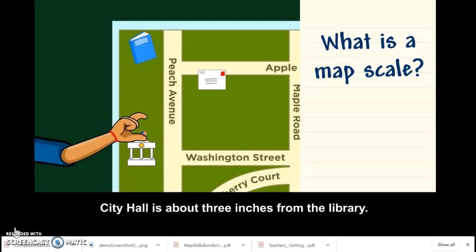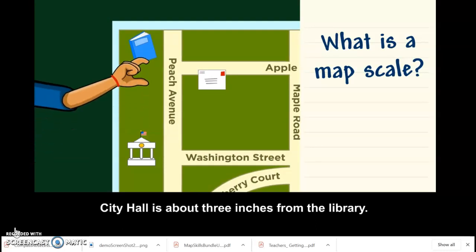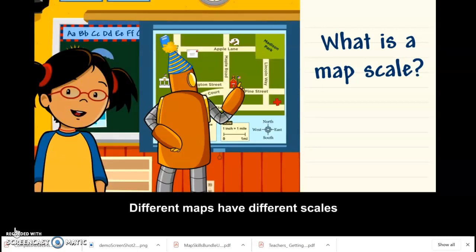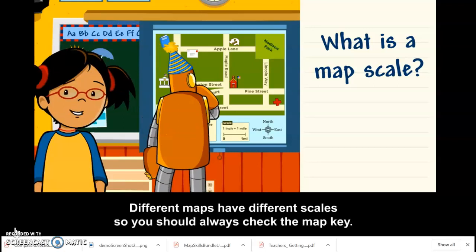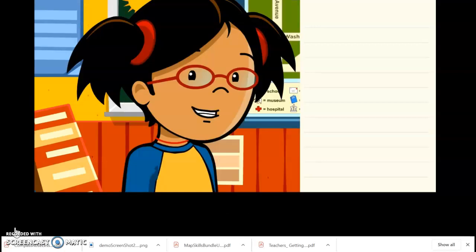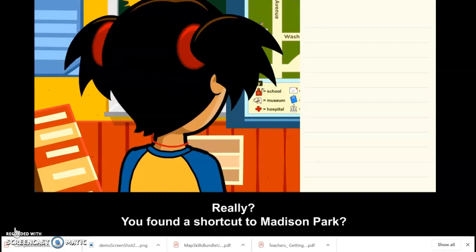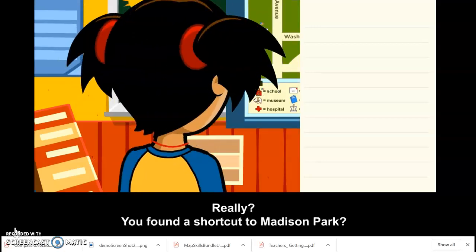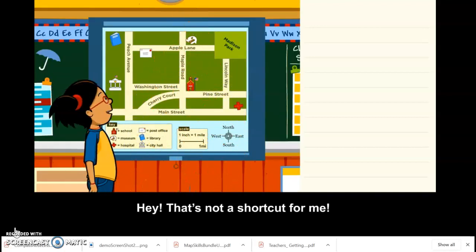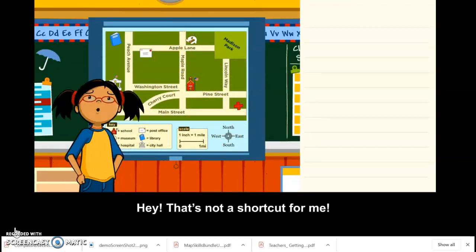City Hall is about 3 inches from the library. That means they are 3 miles from each other. Different maps have different scales, so you should always check the map key. Really? You found a shortcut to Madison Park? Hey, that's not a shortcut for me.